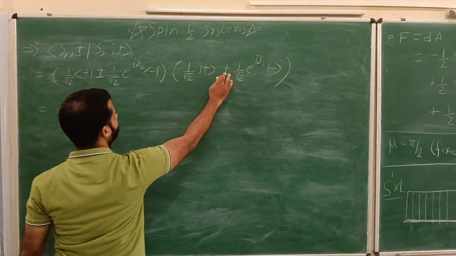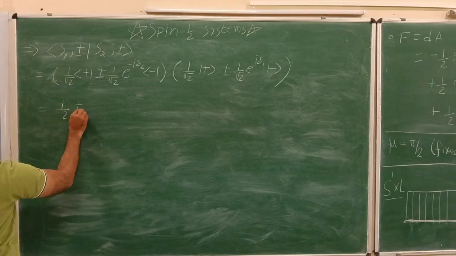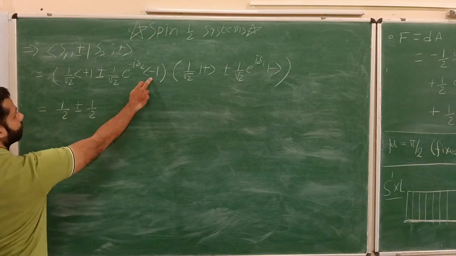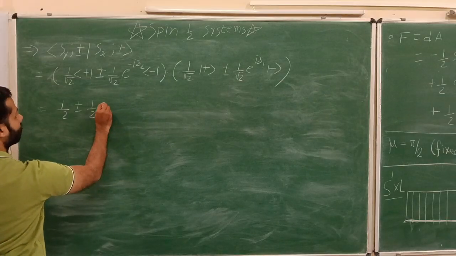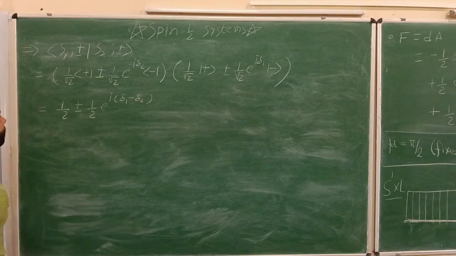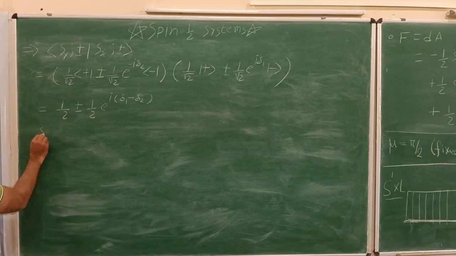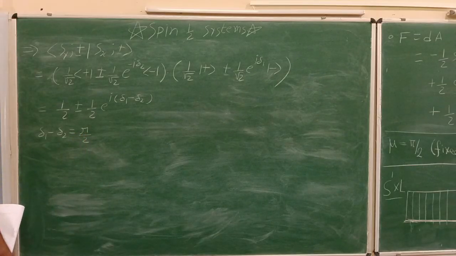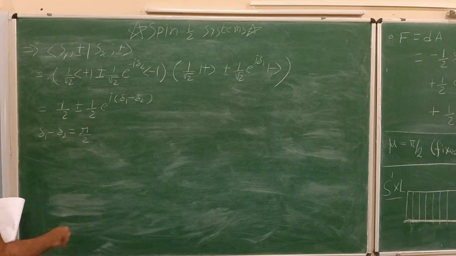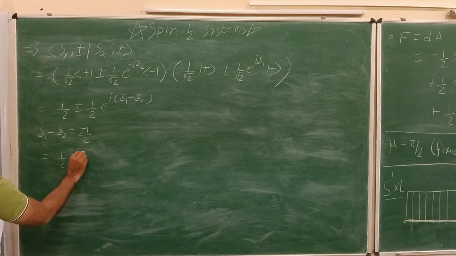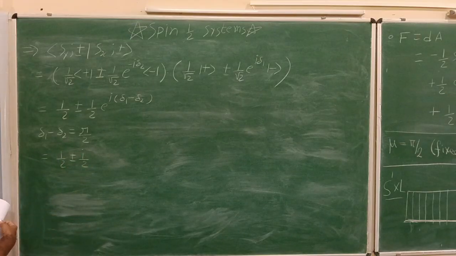So if this is pi by 2, e power i pi by 2 gives me cos pi by 2 plus i sin pi by 2.